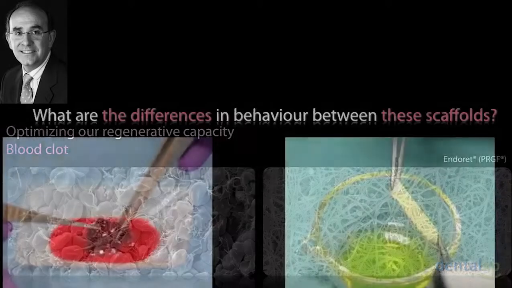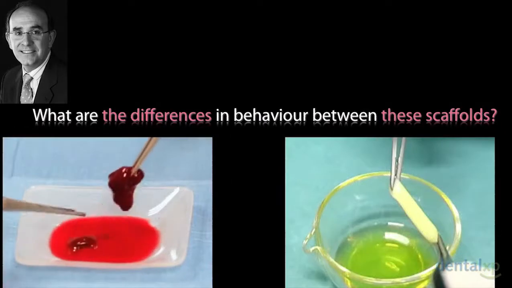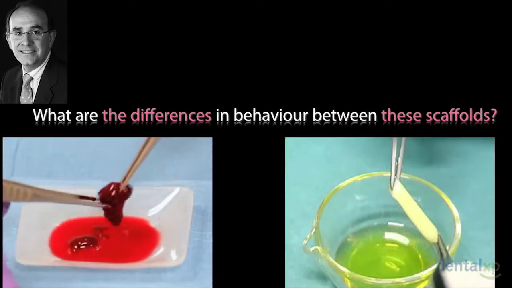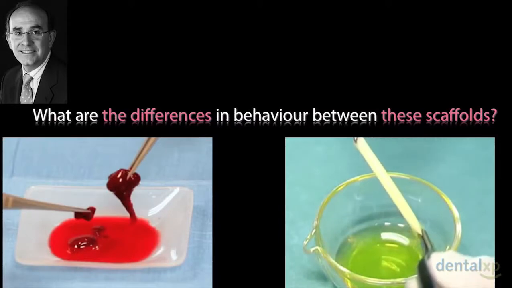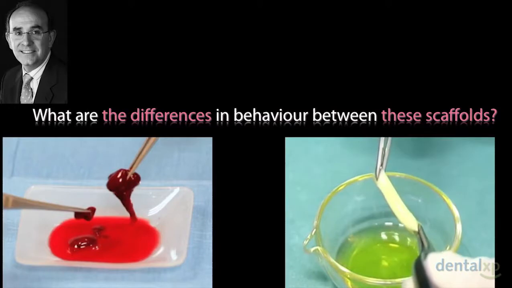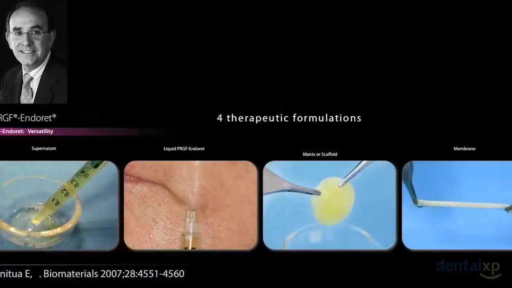For that reason, when we prepare my graft, this was the old clot that I used in maxillofacial surgery 30 years ago. But today, it will be possible to obtain even a great biomaterial using autologous proteins. And it will be possible to obtain different therapeutic formulations. It will be possible to obtain liquid to prepare our graft.